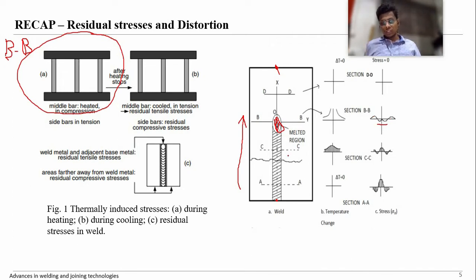But if I consider section C, the arc has already passed through this section and it is near the weld pool.